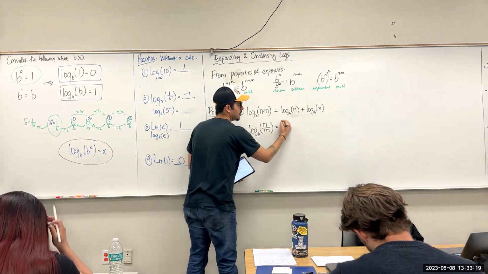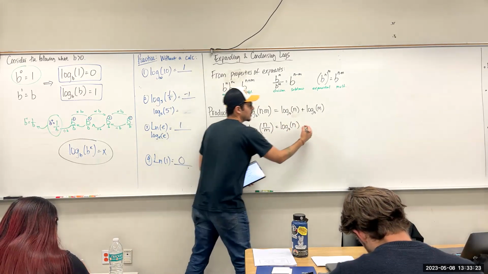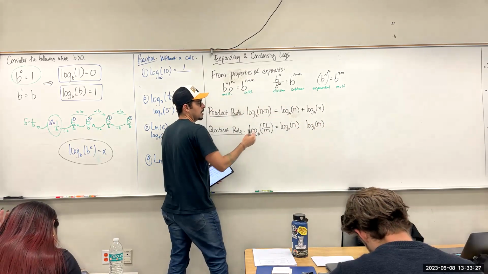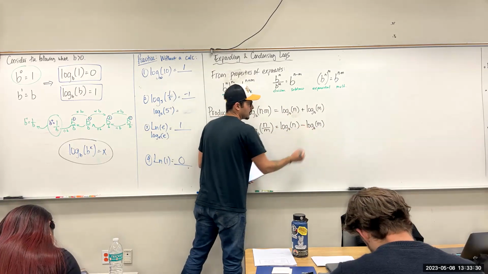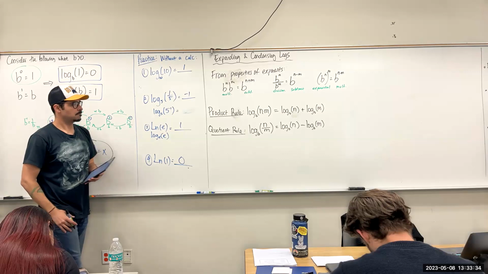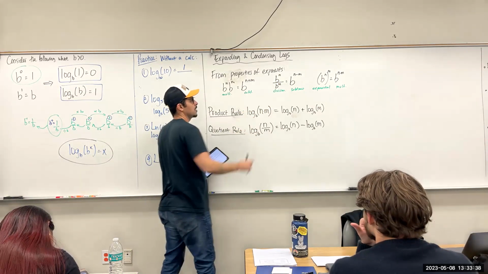So here, what's going to happen is I take the log base b of the top, I take the log base b of the bottom, and I'm going to do the top minus the bottom. We get a minus, that's subtraction. And this stems from this exponential property.